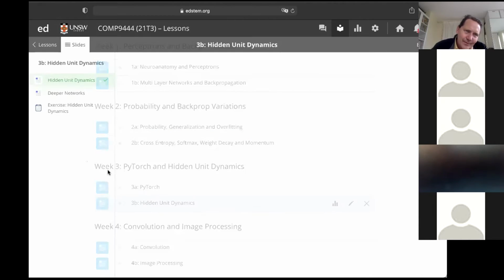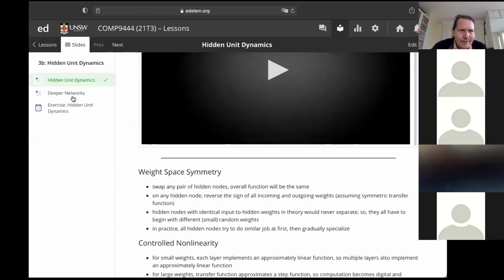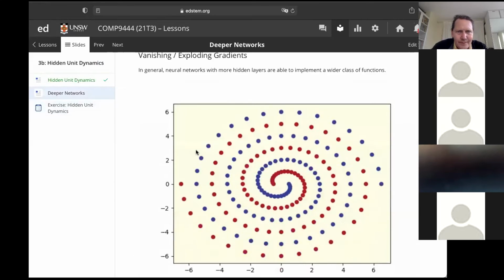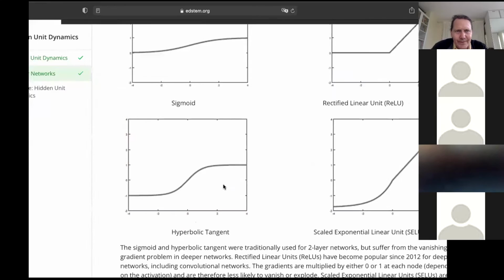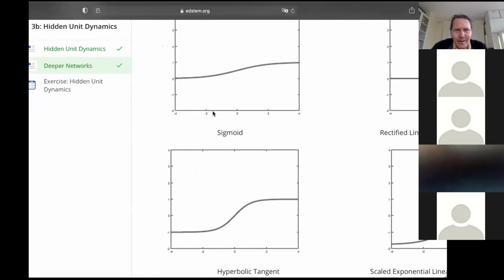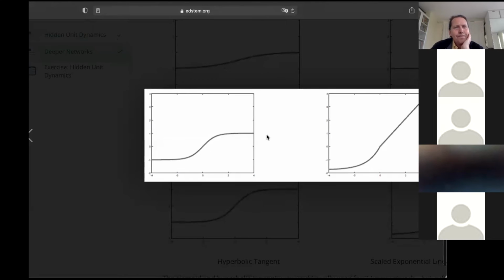Let me see if I can find a better graph. These graphs are a better picture of what this function really looks like. That's the sigmoid, this is the tanh. You'll notice it's flat at both ends and steeper in the middle.